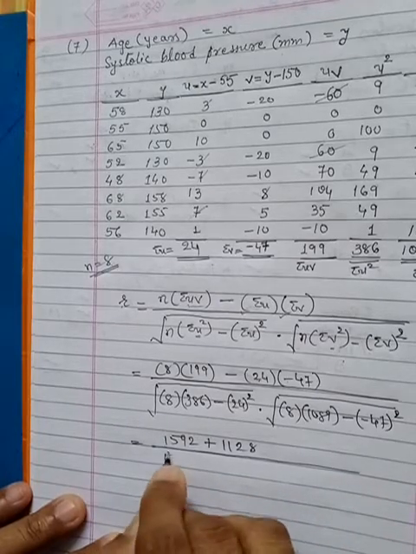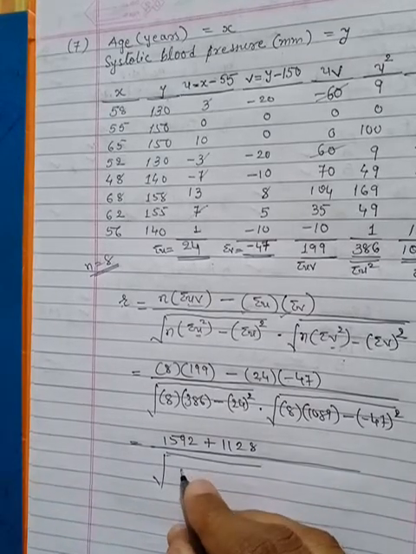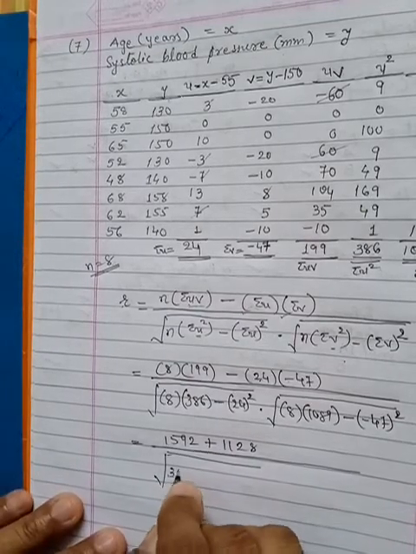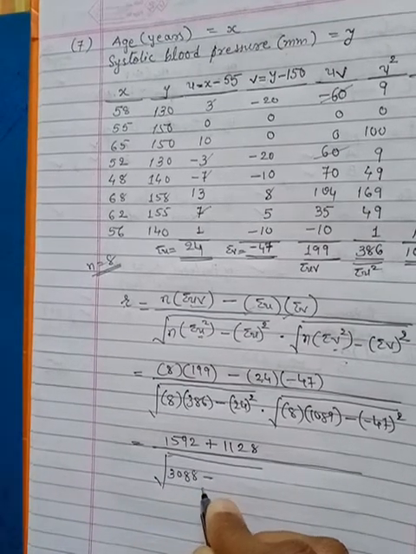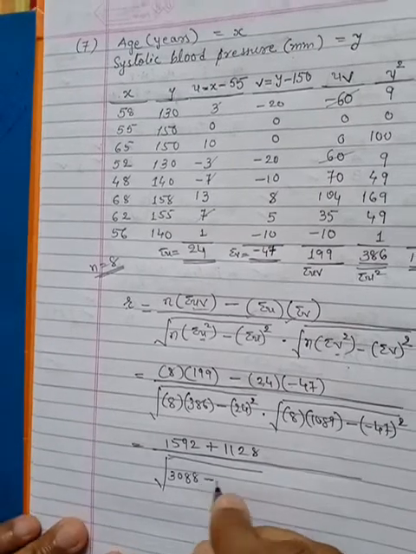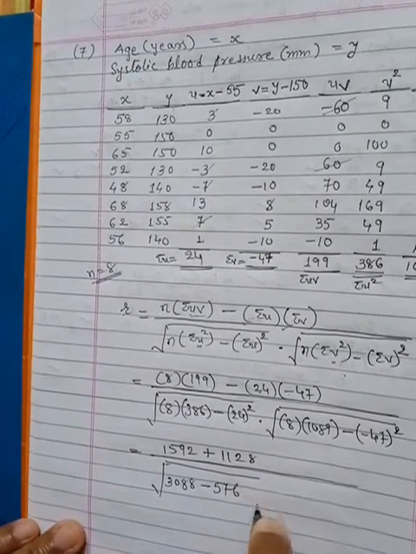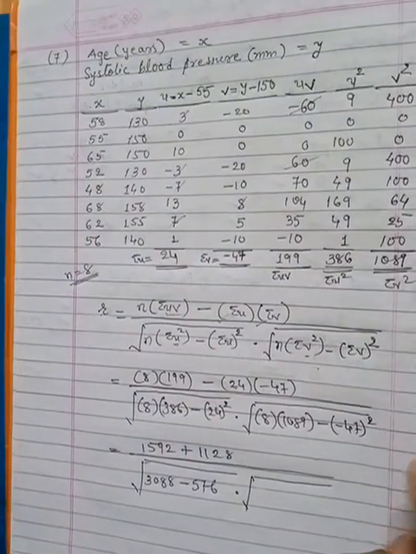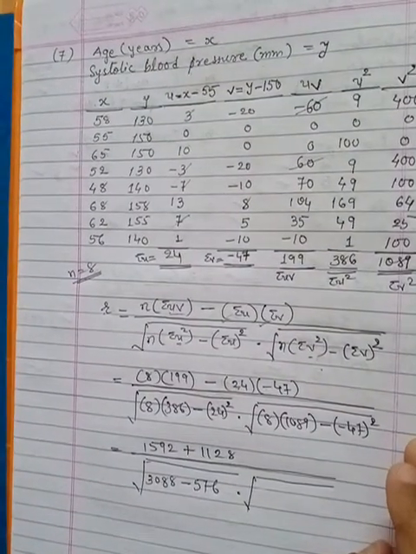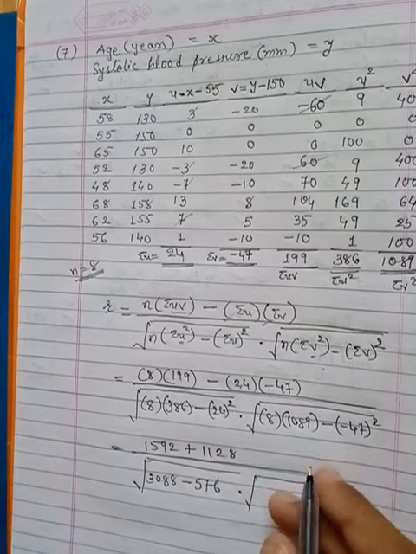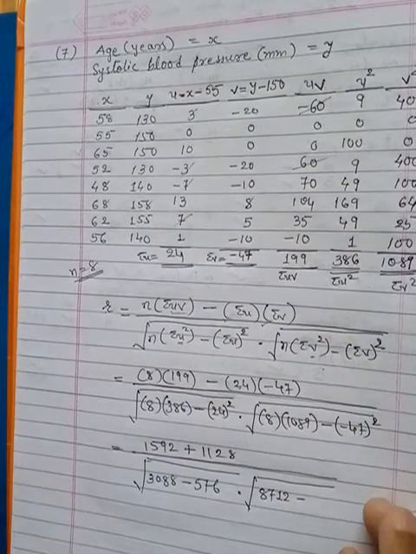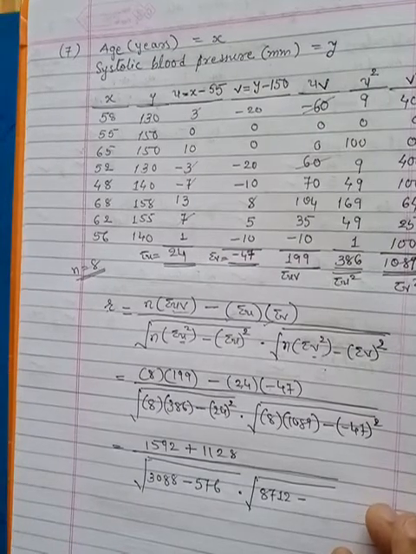Divided by the first root, 8 into 386, that comes to 3088, minus 24 square, which is 576, into another root, 8 into 1089, that comes to 8712, minus 47 square.